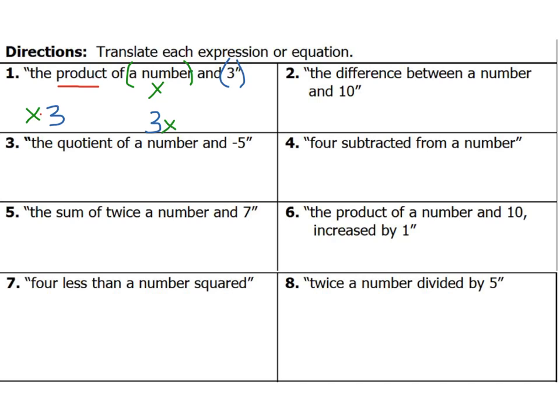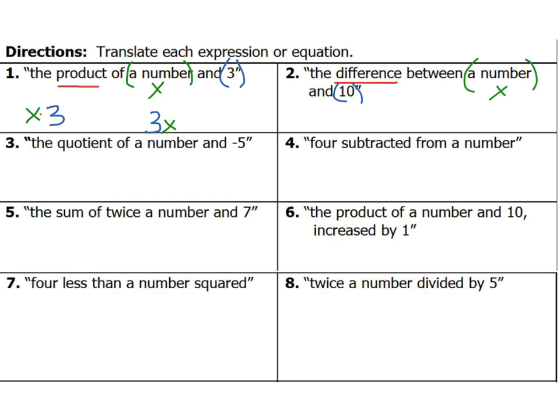Let's look at number 2. The difference between a number x. If you wanted to use another variable here, you could. I just tend to stick with x. You're welcome to use n, p, any letters that you want, okay? And 10. So when it is just stating the difference of, it is just regular subtraction. It is not in our turnaround phrase category.